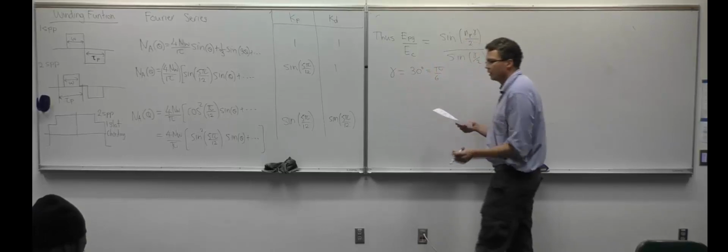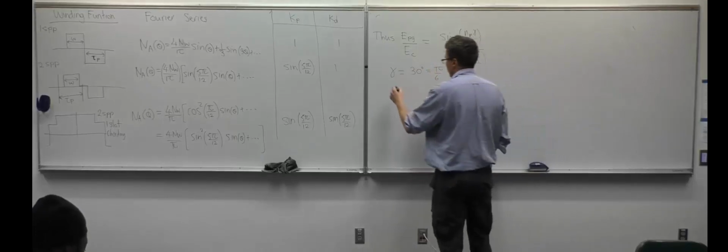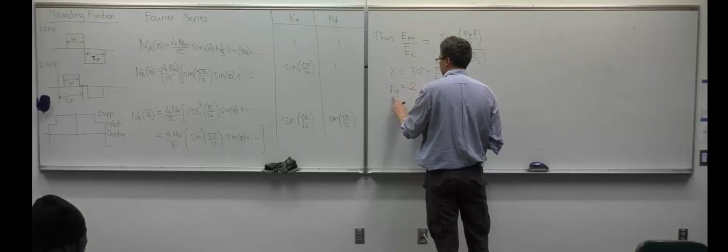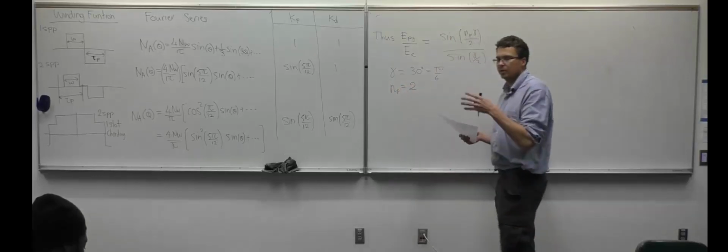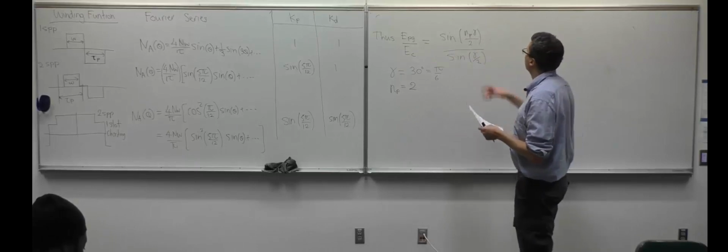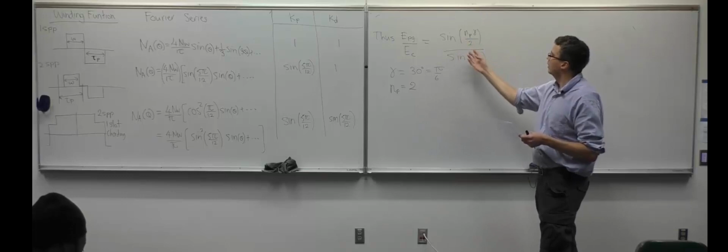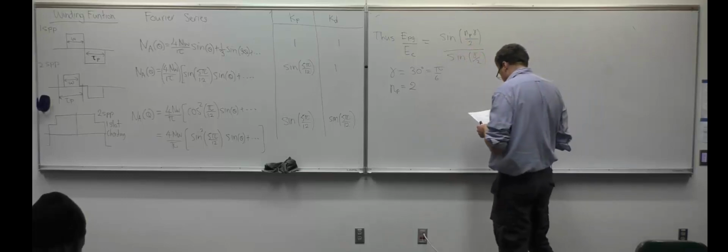We had 1 slot chording, that means the NP is 2. If it's 1, there's no chording, and if you put a 1 in here, you can see you just get a 1 out.